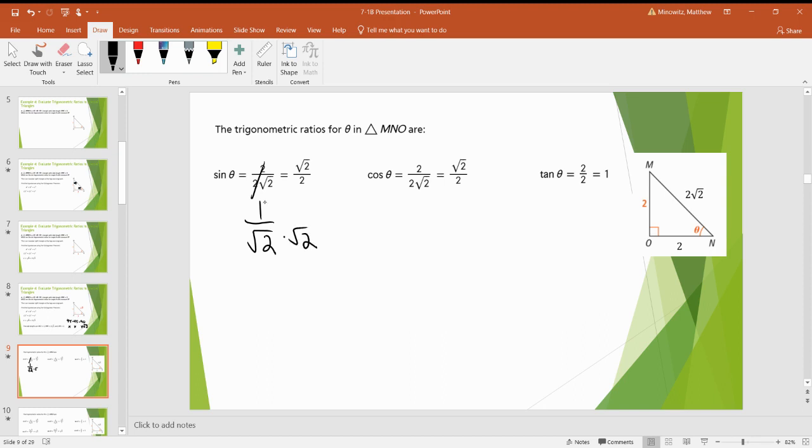We learn to rationalize the denominator by multiplying by the square root of 2 in the numerator and the denominator, and that's how I rewrite 2 divided by 2 square root of 2. Cosine is the same thing. We're going to learn that sine of 45 and cosine of 45 are the same. And that tangent here is opposite over adjacent, so tangent is 2 divided by 2, which is 1.